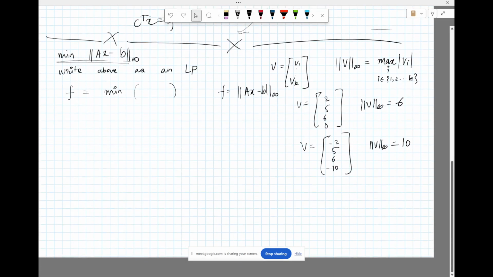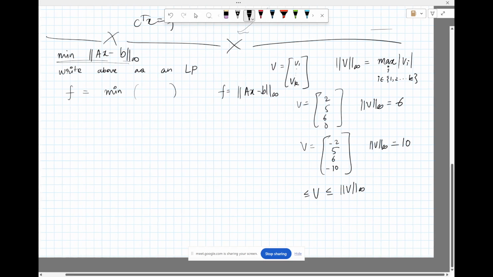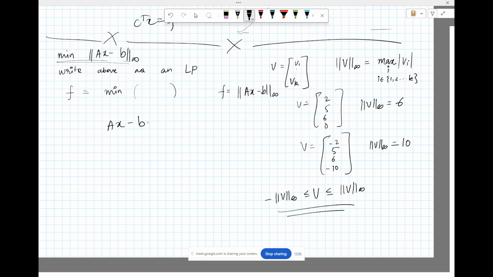So basically what we can say from this is each value of v will be less than or equal to its infinity norm, and also greater than or equal to minus the infinity norm, right? So that means we can write ax minus b is less than or equal to, instead of F let me write some t.